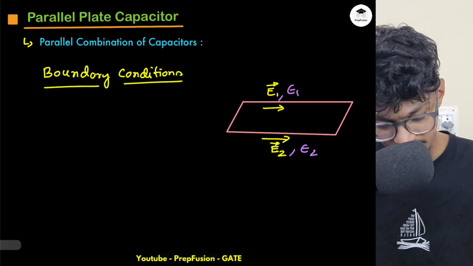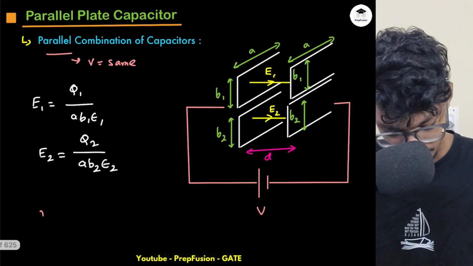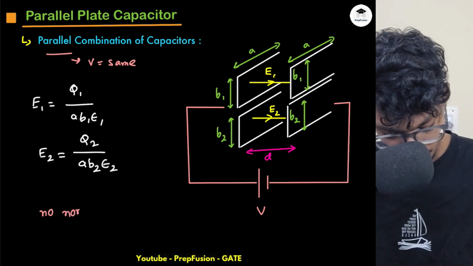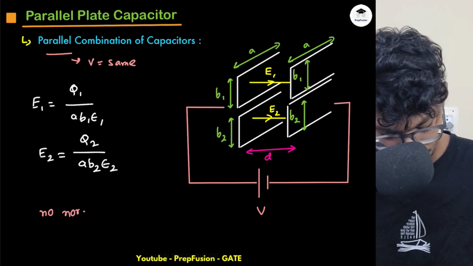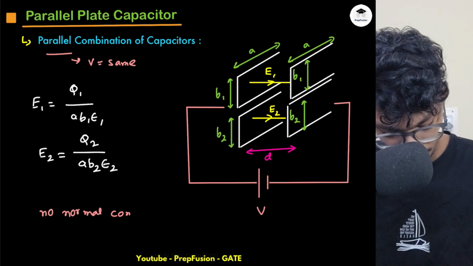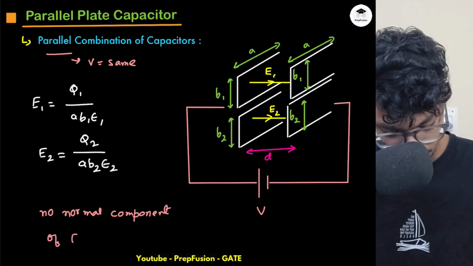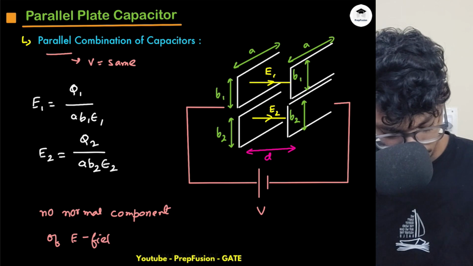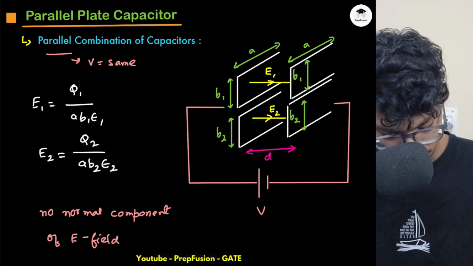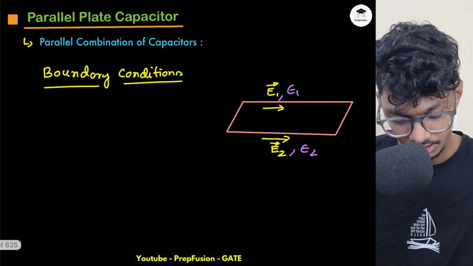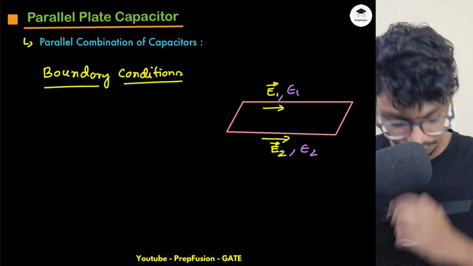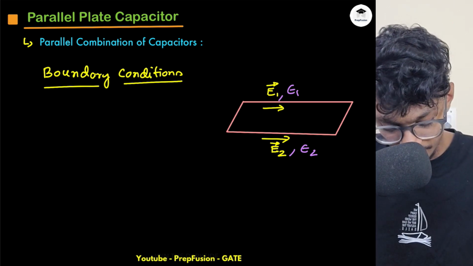So here, no normal component of electric field. Now what is the boundary condition?